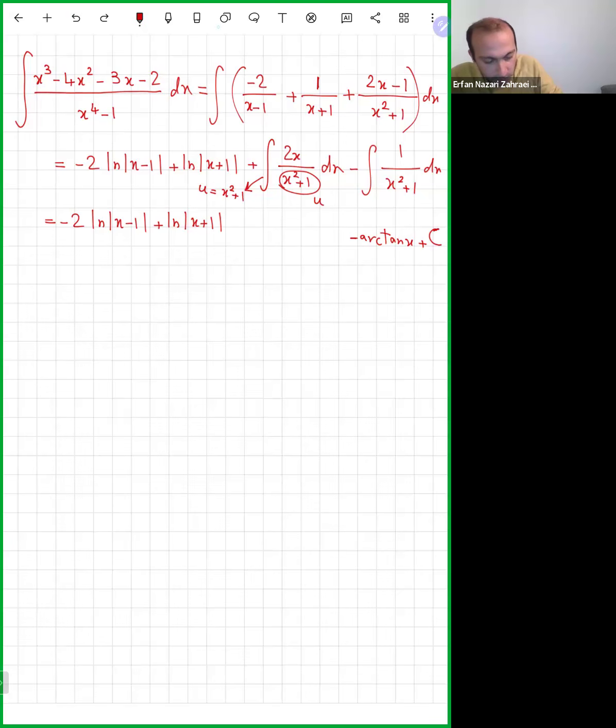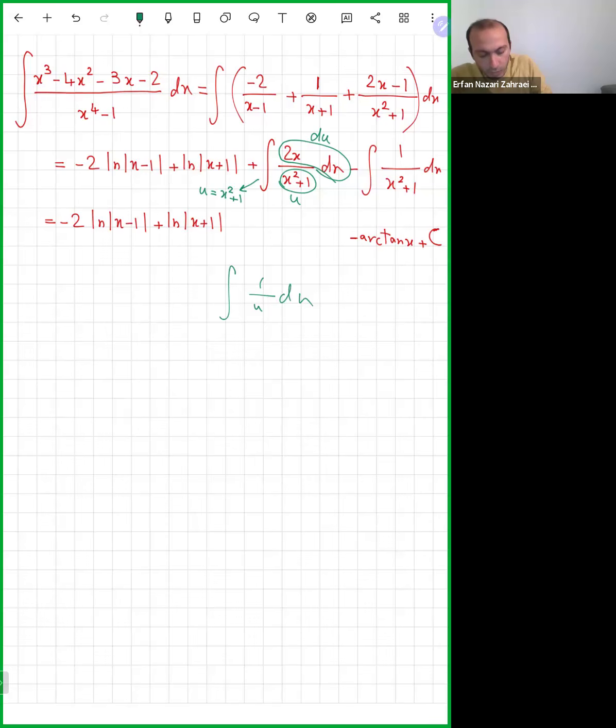Let me do this substitution in another color to make it more clear. So doing substitution, u equals x squared plus 1. This is u. Derivative of x squared plus 1 is 2x, and du will be 2x dx. This is du. Basically, I would get integral du over u, or 1 over u du.